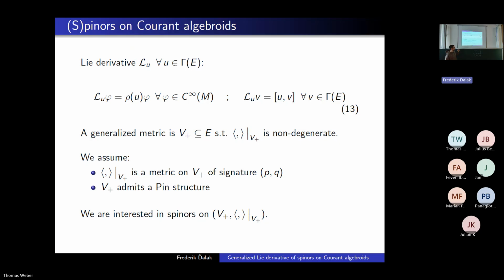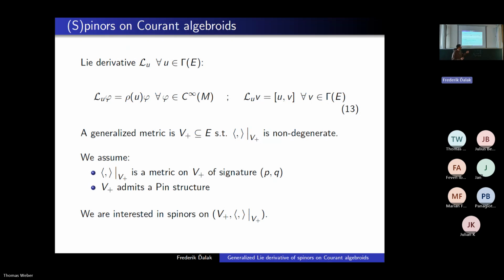So this is the only requirement for the subbundle V plus. And we moreover just assume that the restriction of the pairing onto this V plus gives you a metric on V plus of signature (p,q), which is not really a requirement, right?